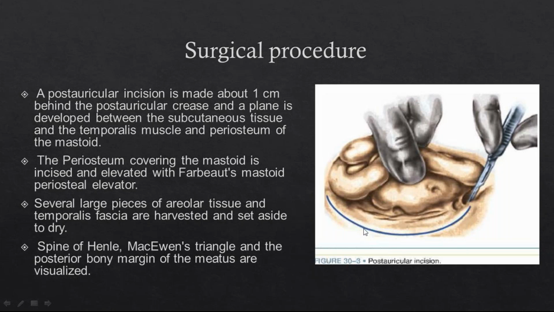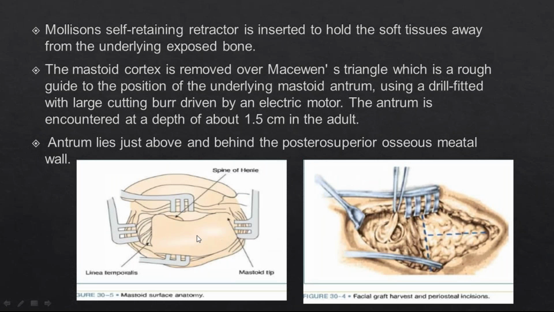Wait for 5 to 10 minutes, give the Wild's incision, and after that, you deepen it till you reach the periosteum. Once you reach the periosteum, a T-shaped incision is given on the periosteum. Before that, you can harvest a graft of temporalis fascia.